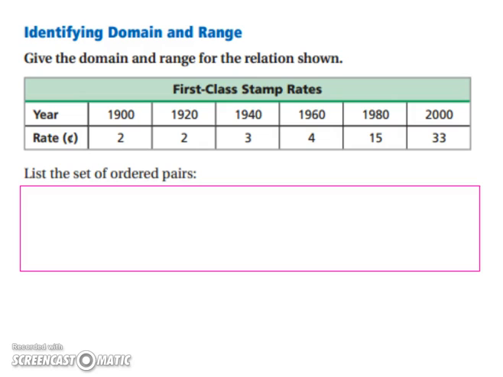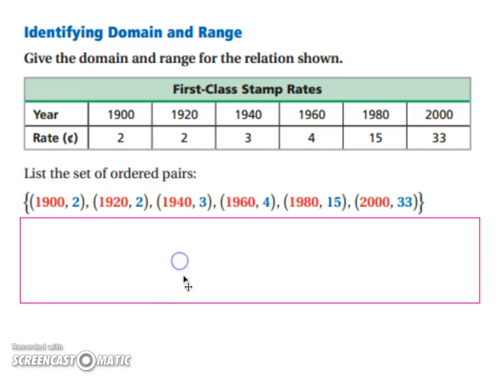Let's start by practicing identifying domain and range. Give the domain and range for the relation shown. Okay, so we have our year, that's going to be our domain, and our rate is our range.